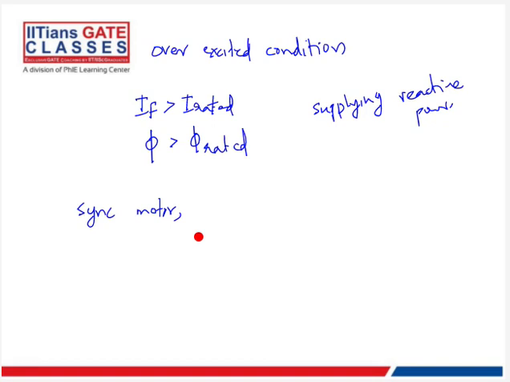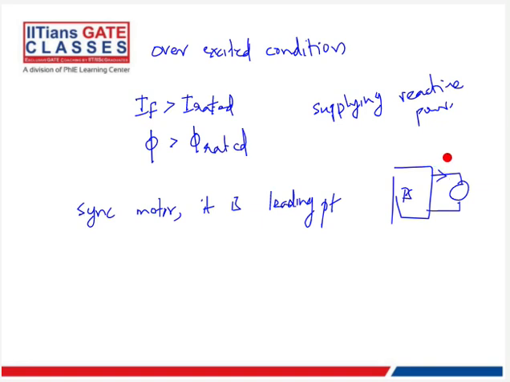So for a synchronous motor, thinking about it from a load perspective, it is giving leading PF. For this power system, the motor usually draws current, but the reactive power is being injected, so it is opposite, so it is leading. And for the synchronous generator, we are talking about supply.